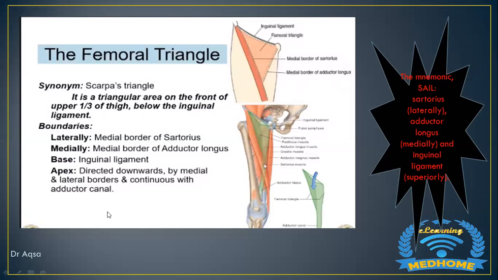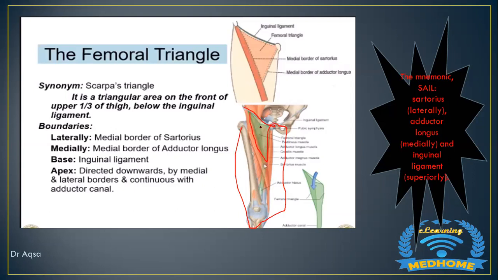If you look here, this is the thigh, and this is the inguinal ligament. The area below the inguinal ligament is known as the femoral triangle.